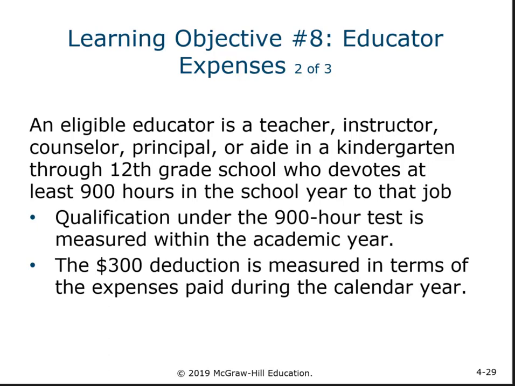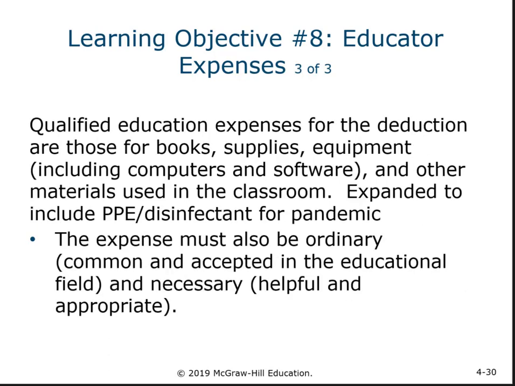Okay, and this is what's listed here: books, supplies, equipment, computers in the classroom. They passed a special law to expand it to PPE and disinfectant for the pandemic. Probably not as big a deal now. But the expense must also be ordinary and necessary. For $300, it's not going to be an issue.